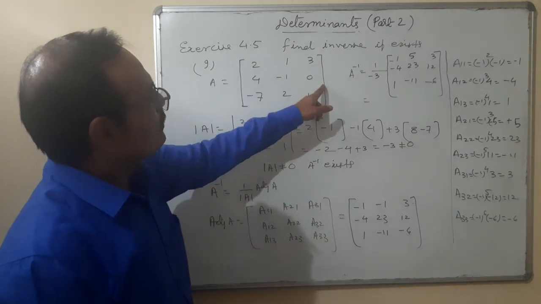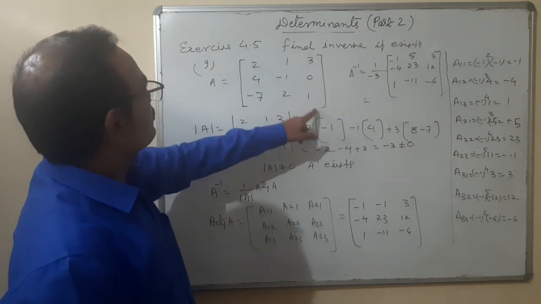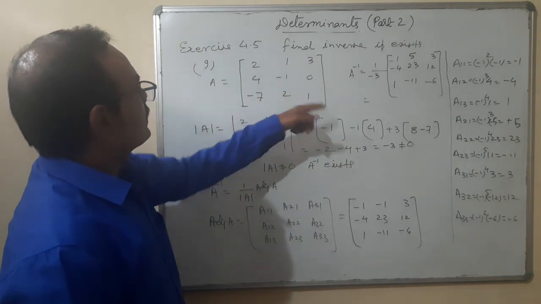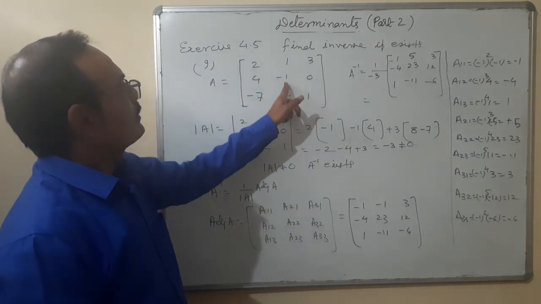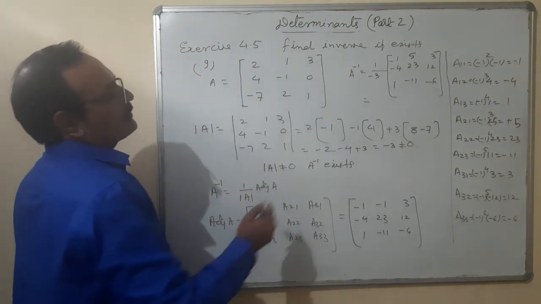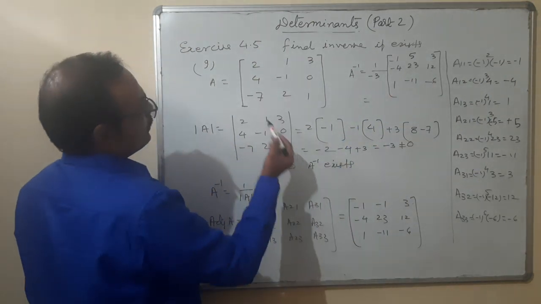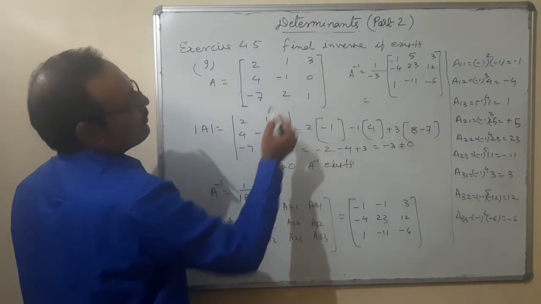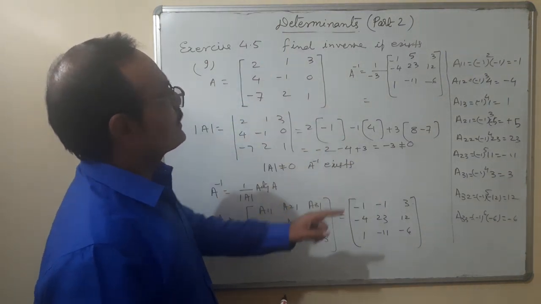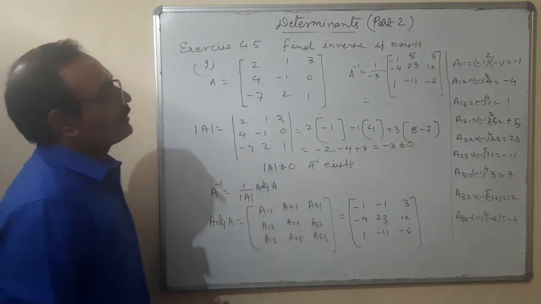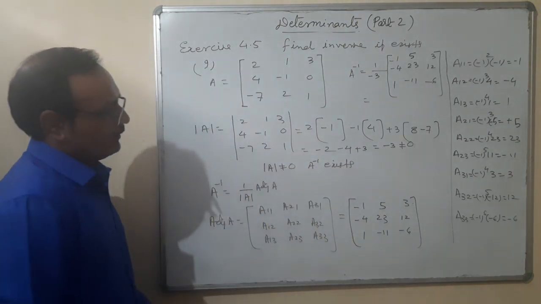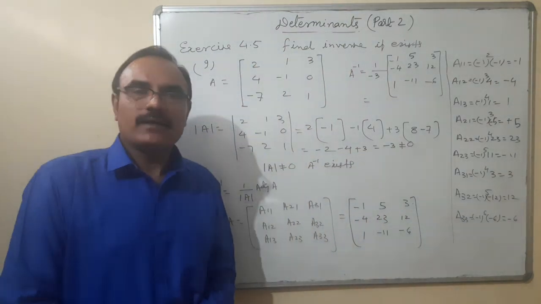After that, second row third column, 4 plus 7, 11 minus 11. Third row first column, plus 3. Third row second column, 0 minus 12, so it is plus 12. And 3 3 minus 2 minus 4 minus 6 is coming here, so there was a mistake here, it is 5. So this is the procedure by which we will find the inverse.